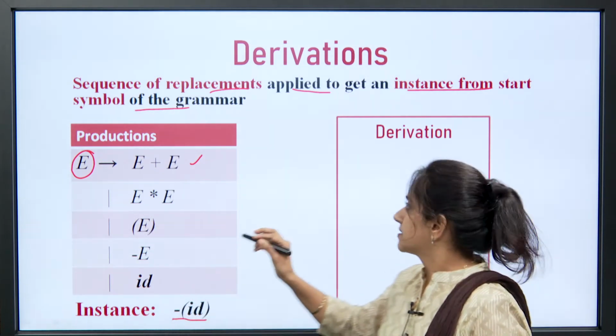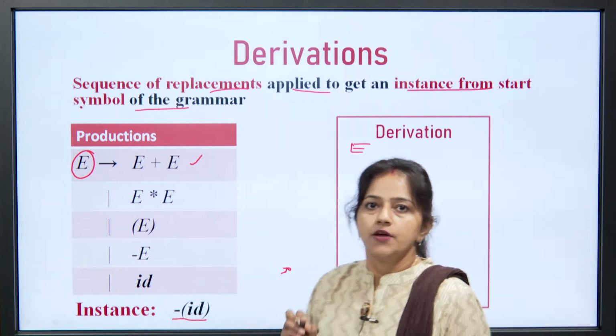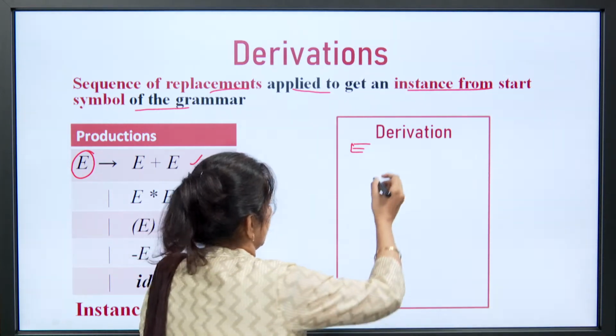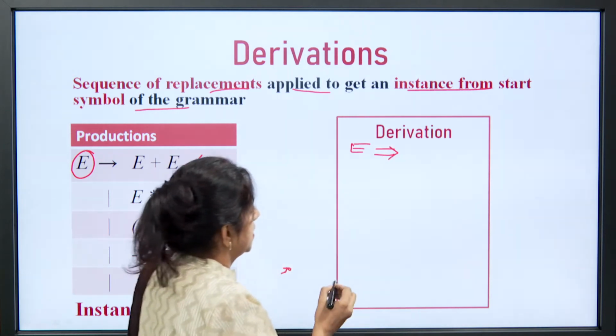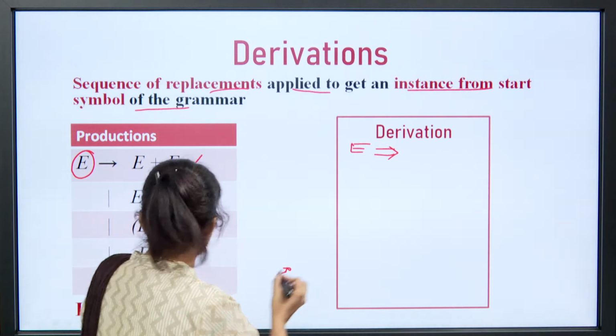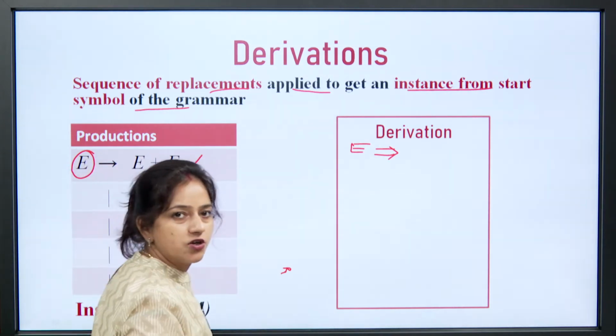So, we will start from the start symbol of the grammar, that is capital E. Now, we will apply the moves one by one. So, here E derives. Now, to get this instance, which alternate of this set should be used?